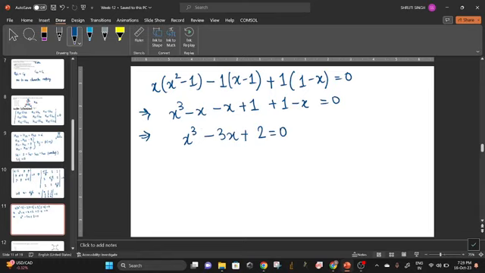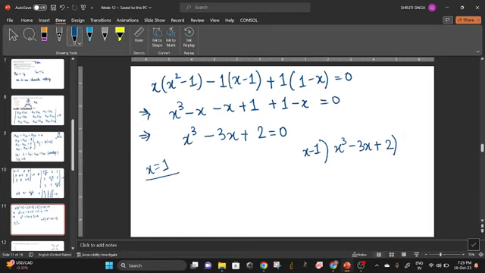We got a cubic equation. One of the roots is x equal to 1: putting in 1 minus 3 plus 2 equals 0, which satisfies this. So one root is x equal to 1. The other roots we can find by simply dividing x cubed minus 3x plus 2 like this.